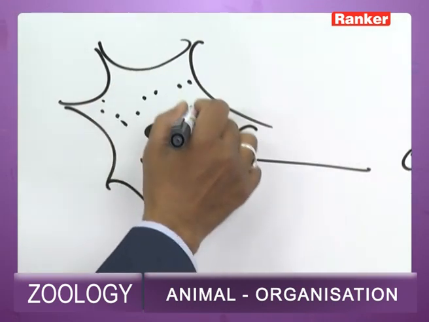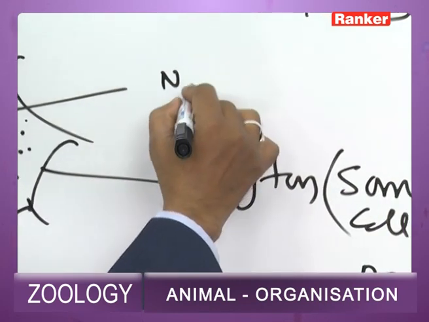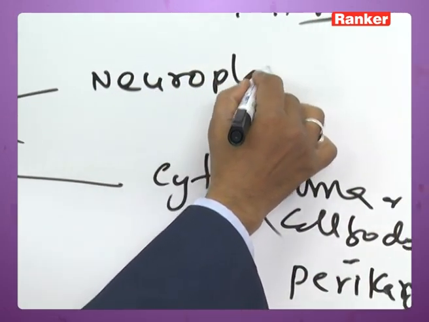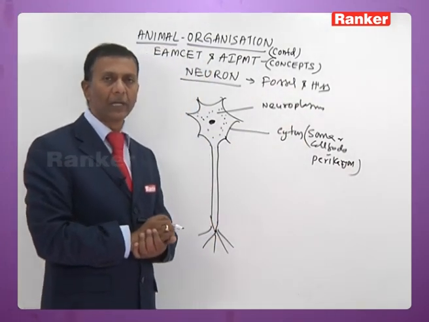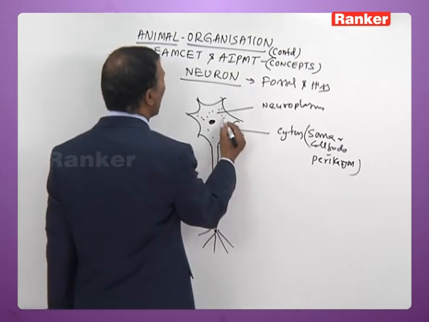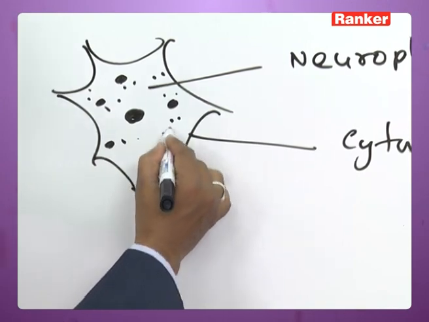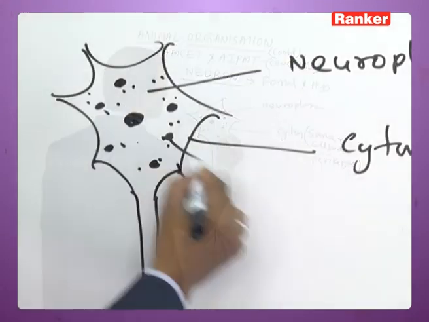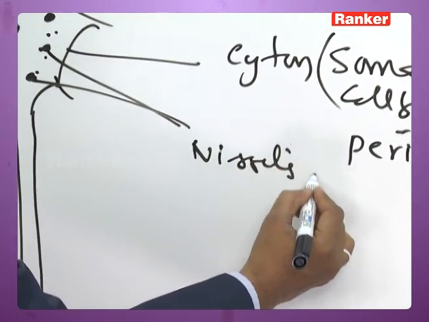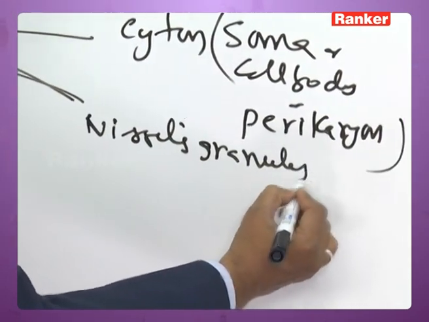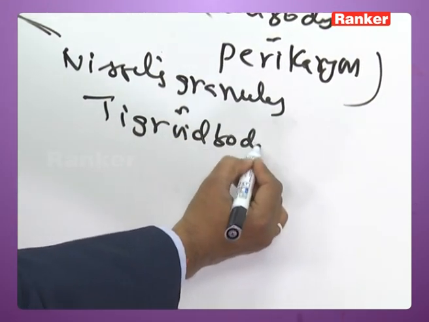The cytoplasm content of cyton is called neuroplasm. Within the neuroplasm, there are certain ribonucleoprotein particles. The particles which are made up of ribonucleoproteins are called Nissl's granules, or they are also called tigroid bodies.